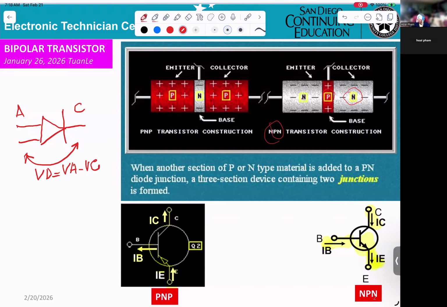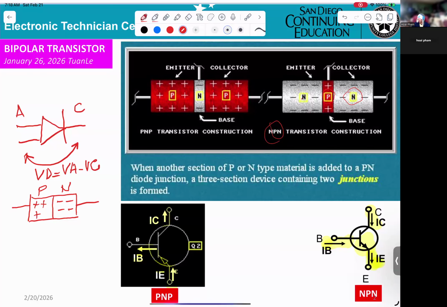Last time we already saw the P side and the N side. The P side contains the positive pole, and the N side contains negative electrons.